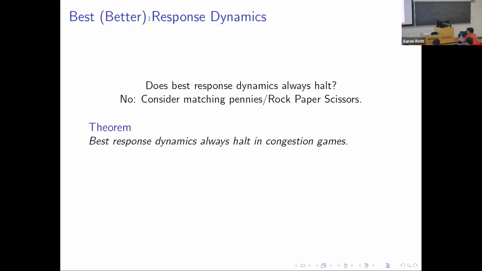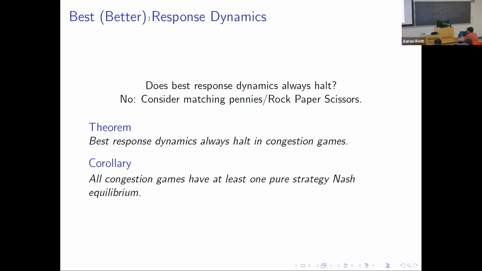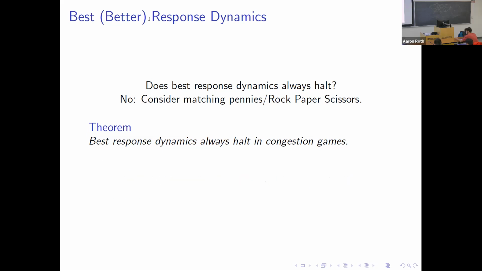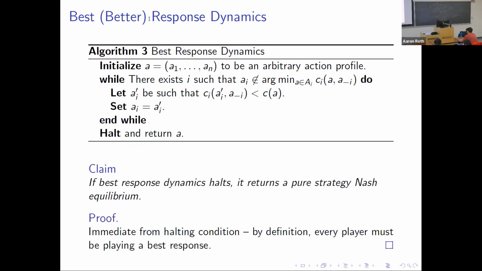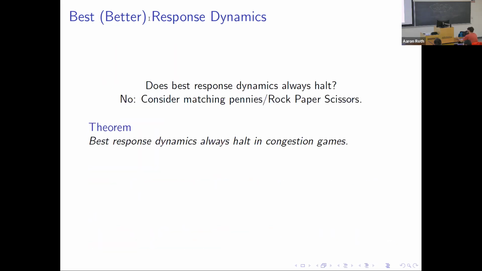Okay, but what I want to prove is that although best response dynamics does not always halt in general, in congestion games, best response dynamics does always halt. And in particular, a corollary of this, right? This is going to be a statement about an algorithm. We wrote down an algorithm, and the theorem is the algorithm halts.